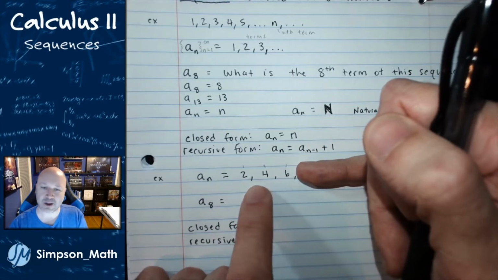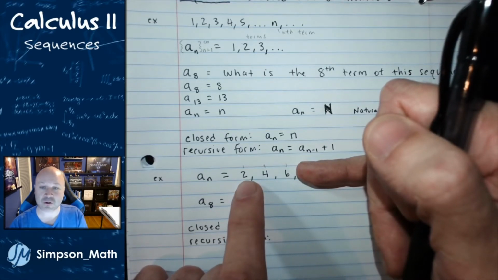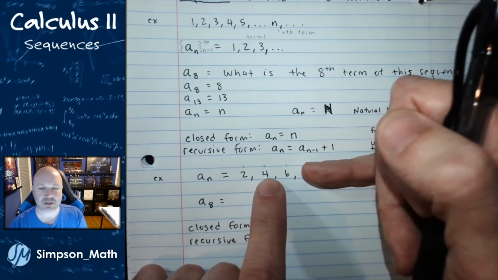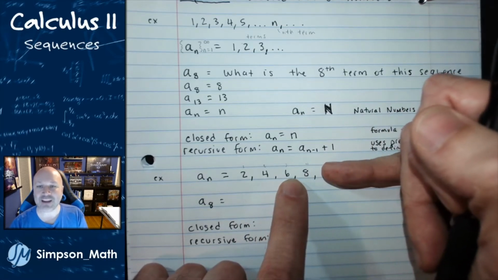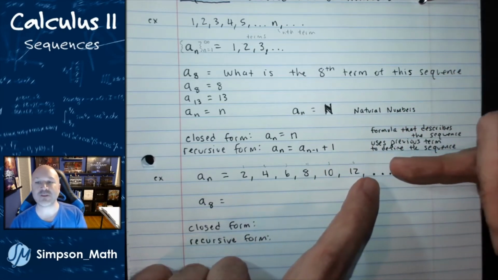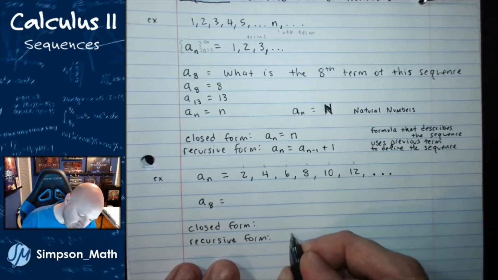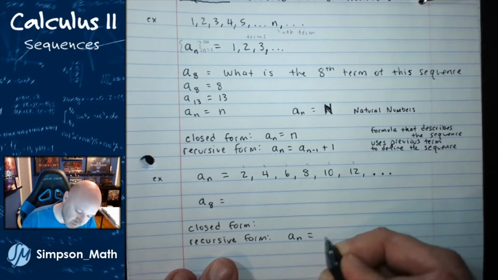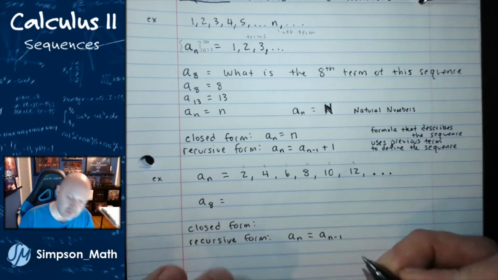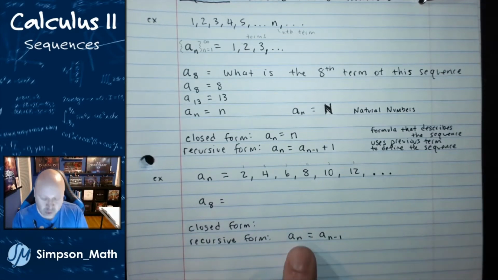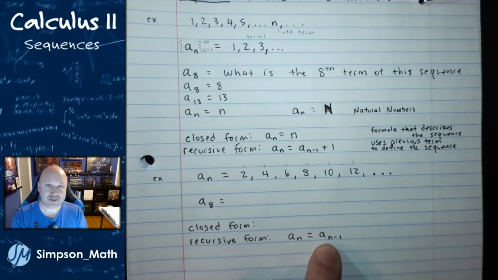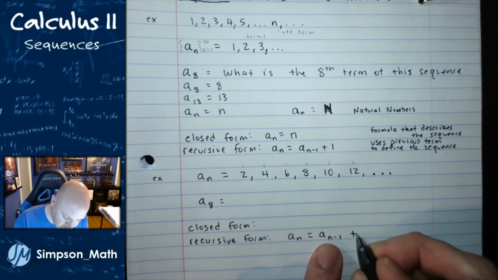Now it's a little bit more obvious that we're not using powers. We're not using multiplication. We're just simply adding 2 to the previous term every single time. So I think the recursive form a sub n is you take the previous term. So I'm looking for the nth term. Well, I take the previous term, whatever it is, and I'm going to add 2 to it. The previous term plus 2.